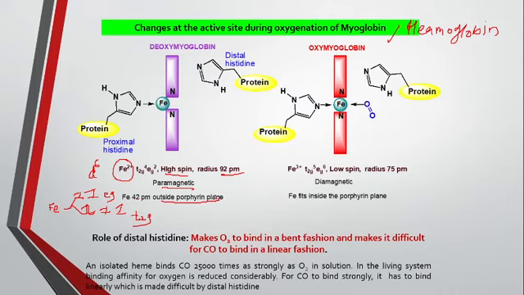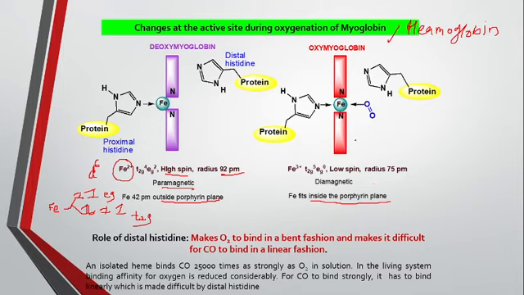And whenever oxygen binds to the Fe, it pushes this Fe and it goes inside the porphyrin plane.